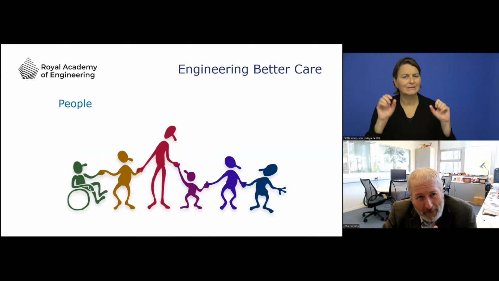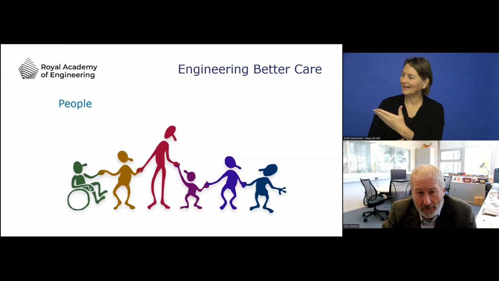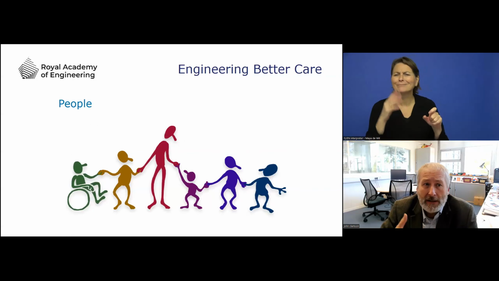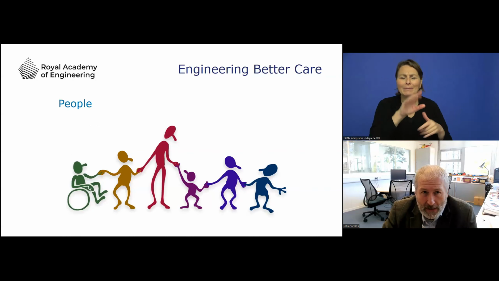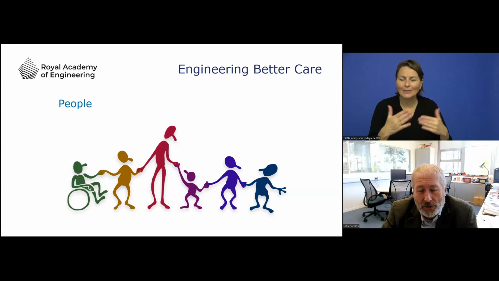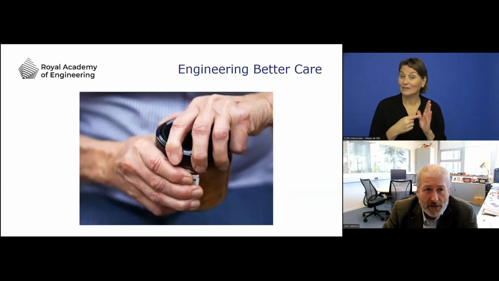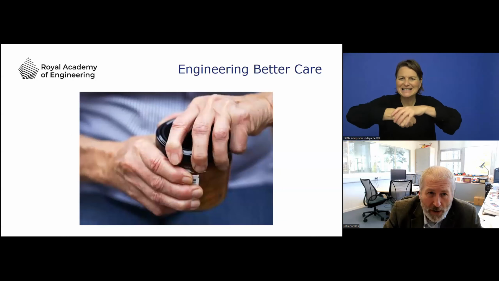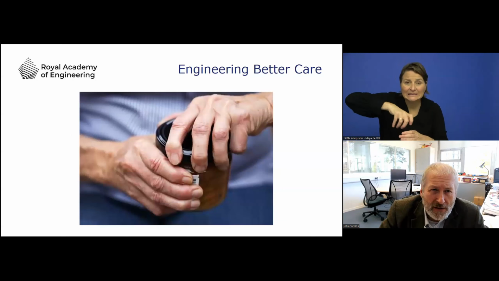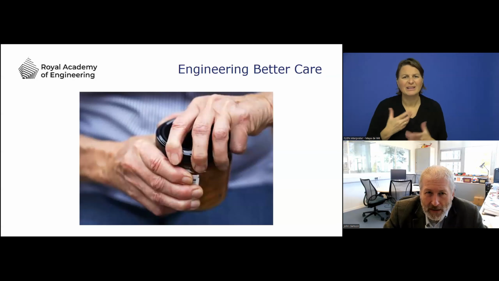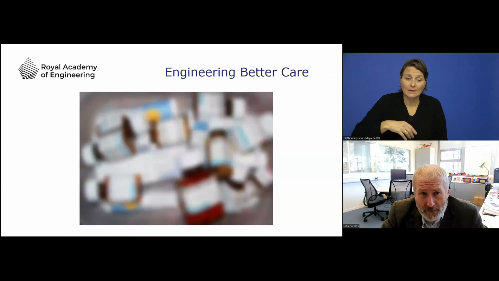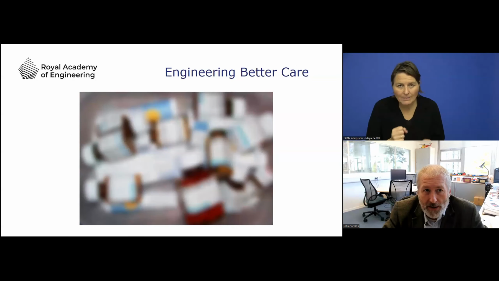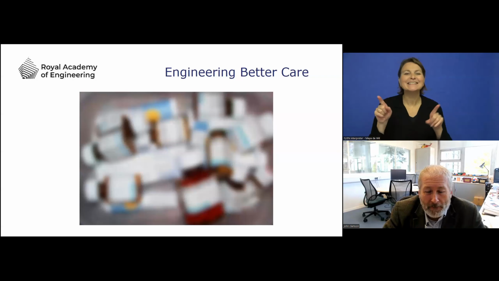And then there's the people side, and we were thinking about diversity in the patient population, the provider population. So why do we give medication to somebody with arthritis when they're struggling to open a jar? And why do we give it to them in a child-resistant container? And this is the same picture as before, but no glasses, first thing in the morning.